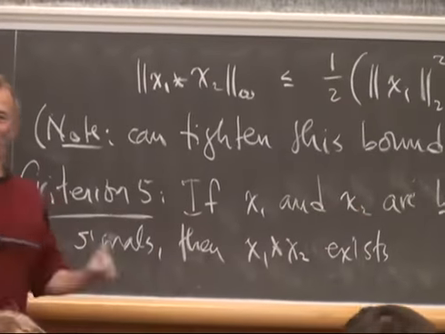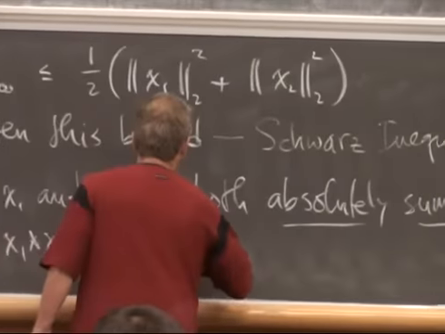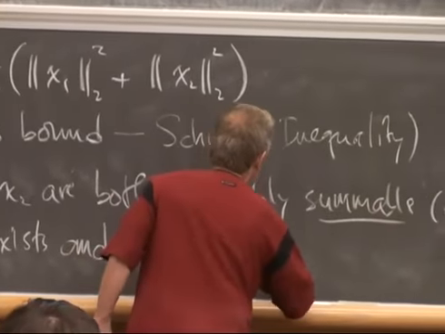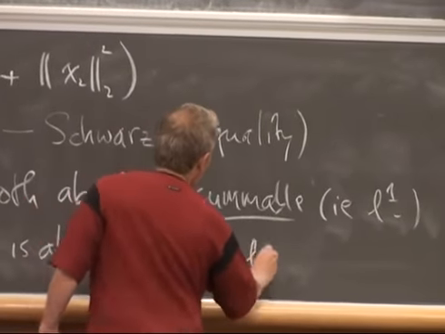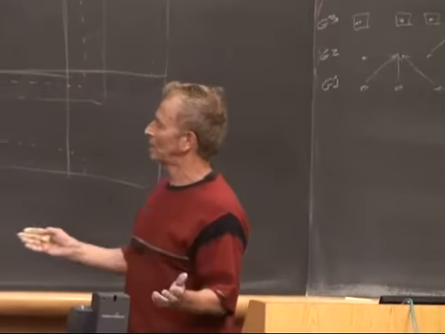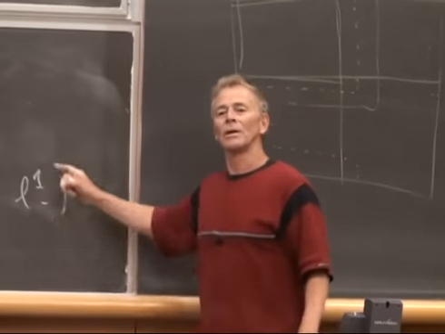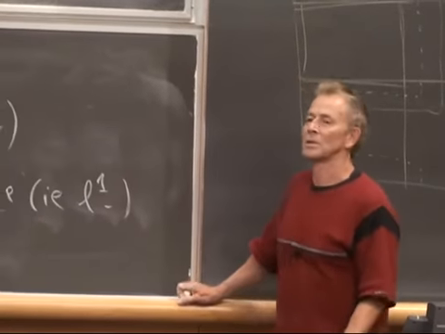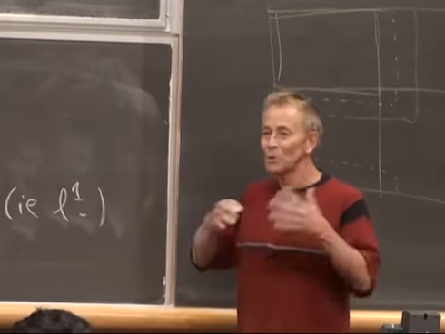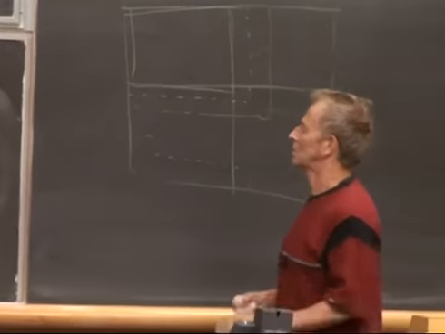And furthermore, it's also an L1 signal. It's also absolutely summable. A fancy mathematical way of saying this is that the vector space L1 of absolutely summable signals is closed under convolution. It's a convolution algebra, whatever. That's math speak for what's going on here.